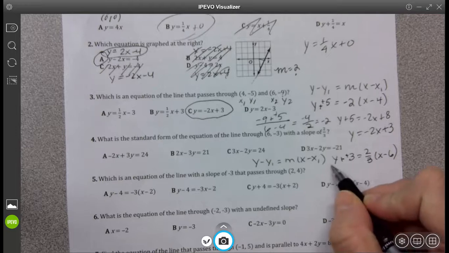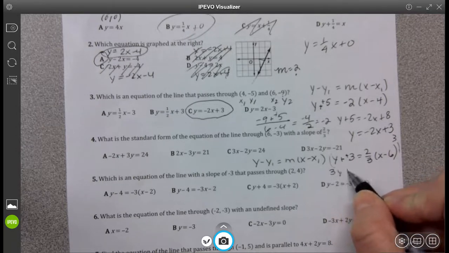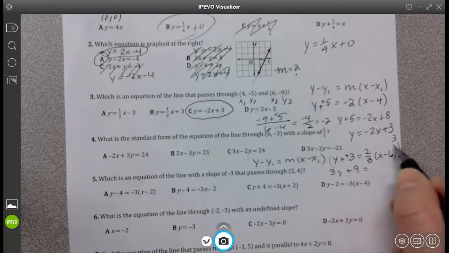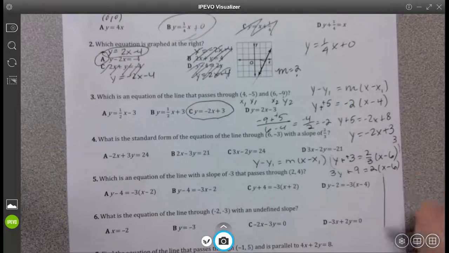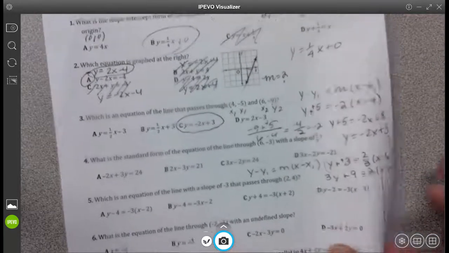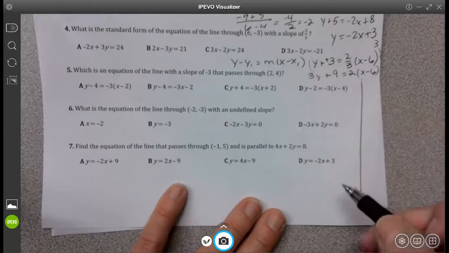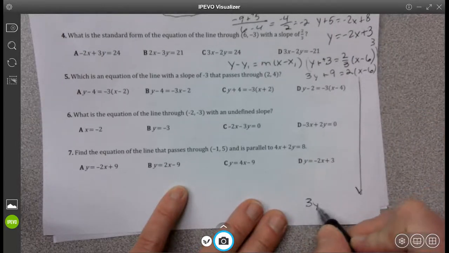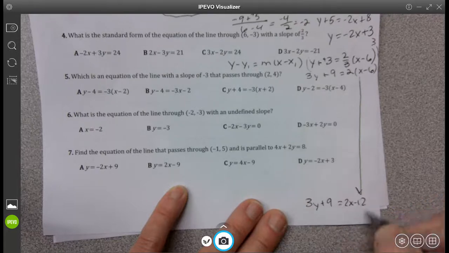So I'm going to multiply 3 to everything. So it's going to be 3y plus 9 equals 2 times x minus 6. Then once you distribute it, 3y plus 9 equals 2x minus 12.